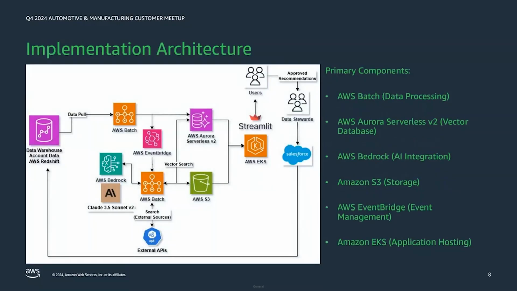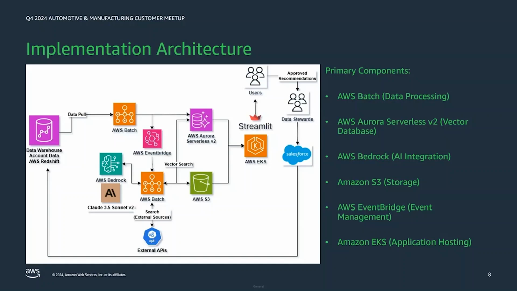So this is the architecture. The resources we primarily use are AWS Batch, which is an orchestration tool built on top of Amazon ECS, primarily used for data processing and data load as well. Then we have our database as AWS Aurora Serverless V2, which also serves as our vector database.